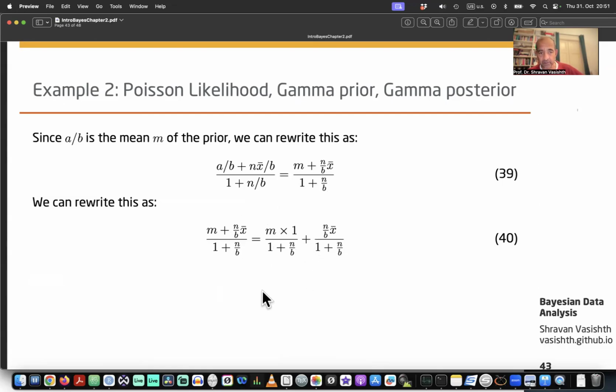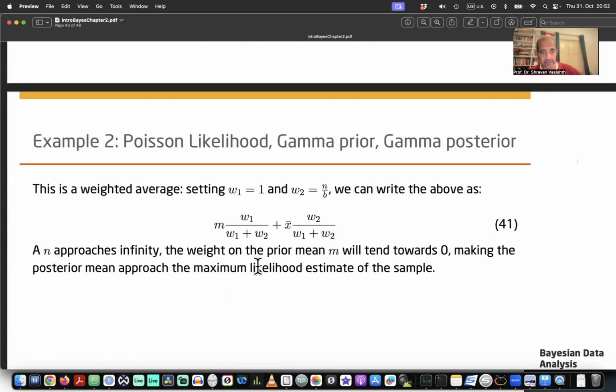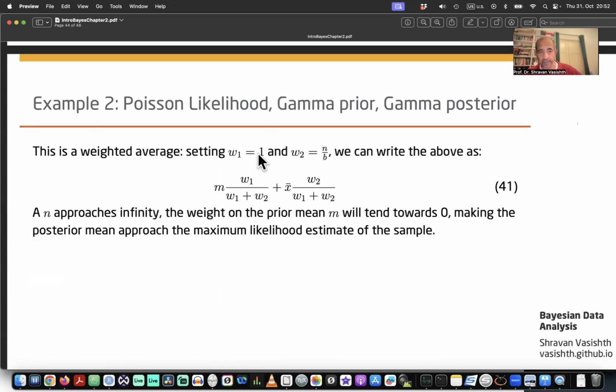So this is actually now a weighted sum, and it's weighted by these two weights here. Right, so I could rewrite this in the following way. I could set weight 1 as 1, weight 2 as n over b. And so what I will end up with is the posterior mean, that's what we were calculating.